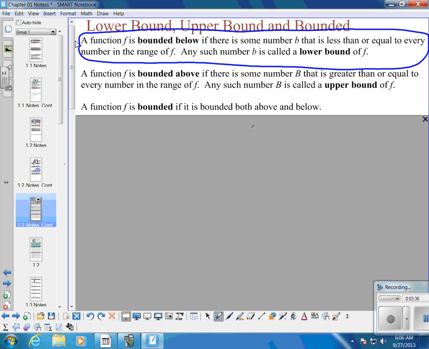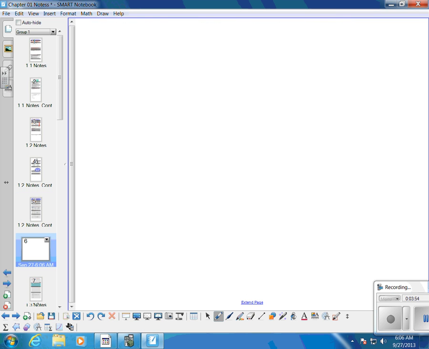So basically what that's saying is, if there's a lowest point on the graph, then we would name that y value as a lower bound. We would say that the graph is bounded below. A typical graph that you could think of is your basic parabola.